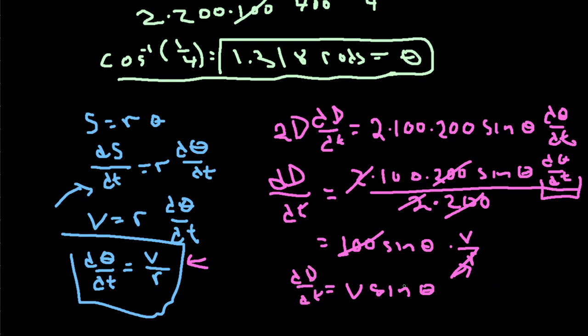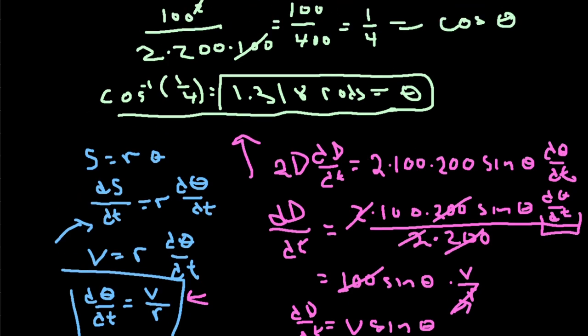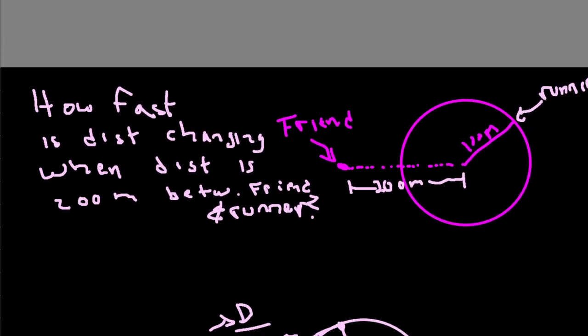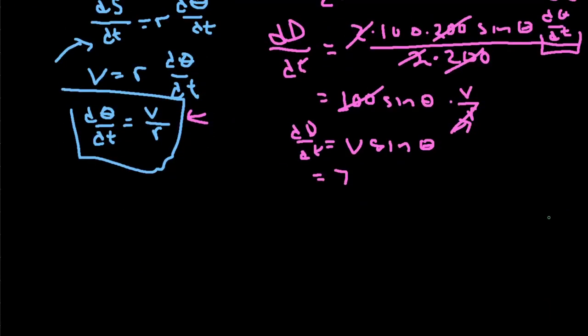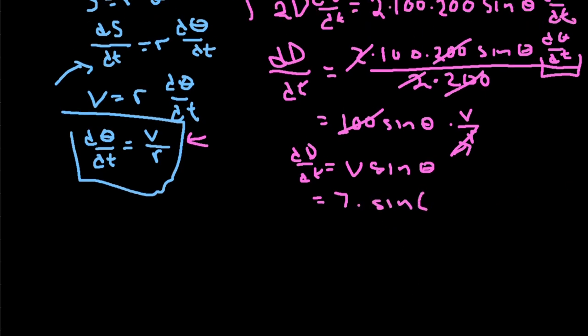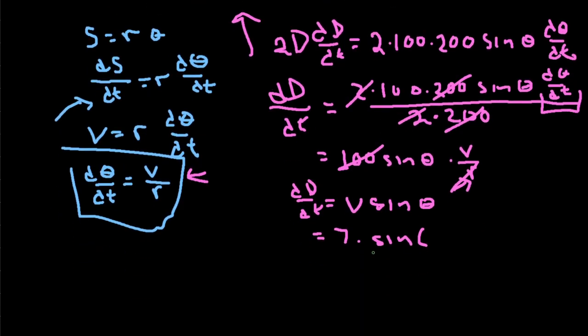And we know that theta is equal to 1.318 radians. So we can go ahead and plug in our numbers. V is 7 meters per second, was that? Yeah, the problem says 7 meters per second times sine of 1.318.